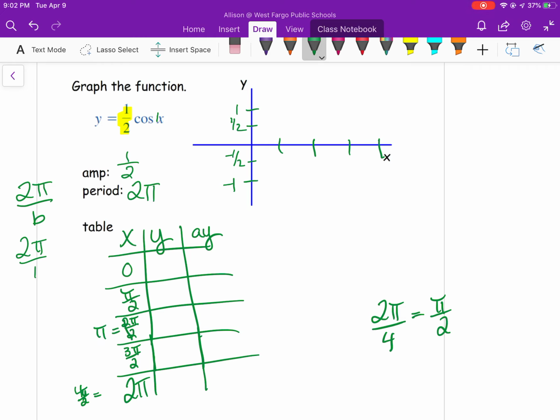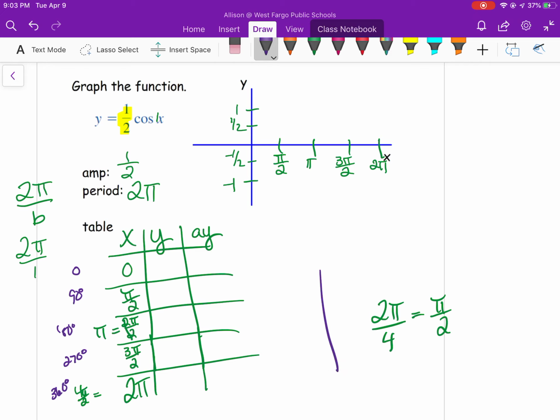So those give me my intervals along the x-axis: 0, pi over 2, pi, 3 pi over 2, and 2 pi. These actually correspond to 0 degrees, 90 degrees, 180, 270, and 360. Since B is equal to 1, your period is 2 pi.